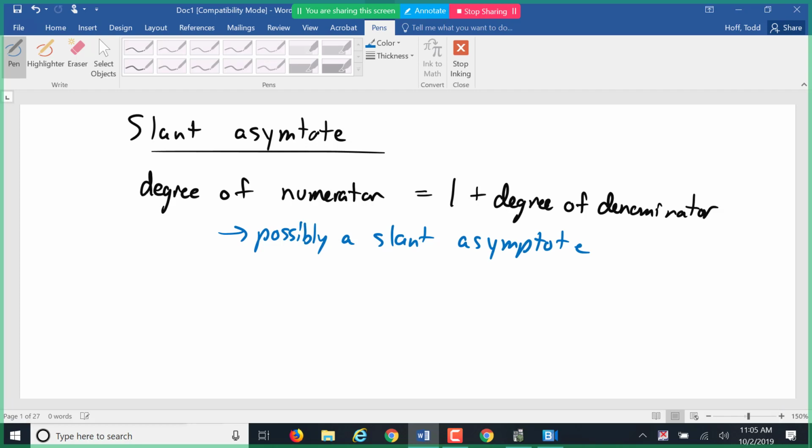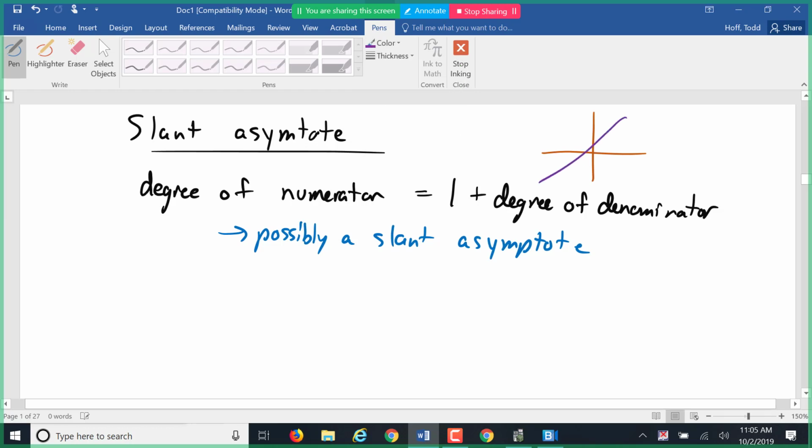So what that is, is an asymptote on our graph that goes at an angle. And the graph approaches that line. You can get graphs that look something like that and that, at that slant asymptote. Well, how do we find it?